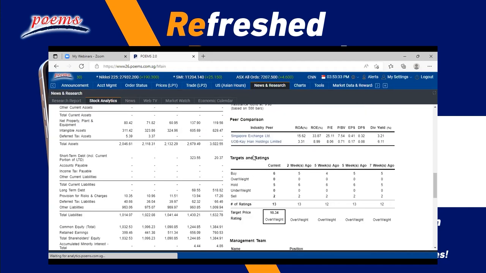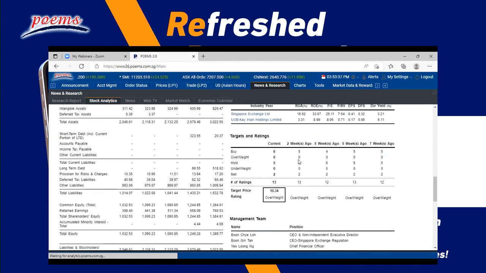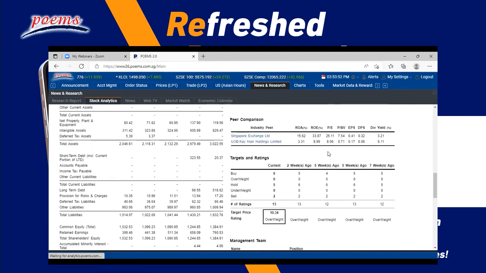So you can actually have a peer comparison with a similar instrument that the company offers. So you can look for Singapore Exchange with UOB, and maybe it's not that direct of an industry, but you can look for the important ratios that you want to compare regarding the competitors.